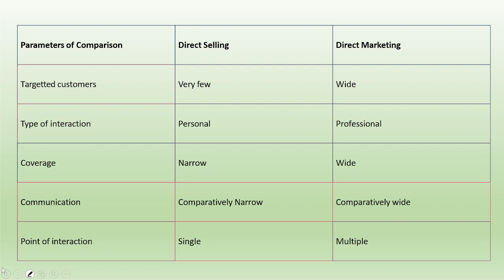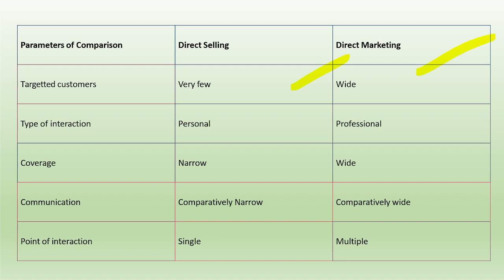Now let's try to understand the differences between direct marketing and direct selling. The target size in direct selling is very small, but in direct marketing it's very wide. The type of interaction is personal in direct selling, and in direct marketing it's professional.